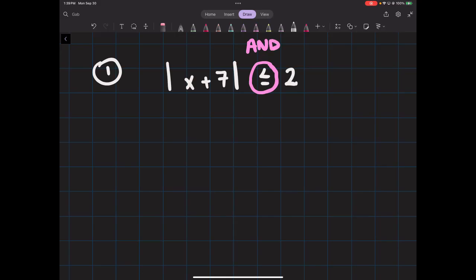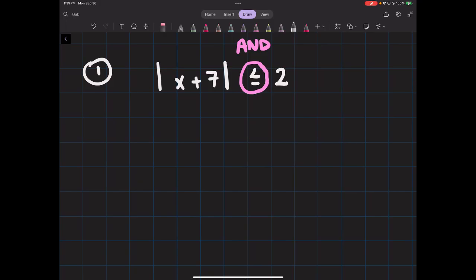Okay? So whenever you have absolute value inequality, and it is less than, it will be "and". For sure. Okay? And when you do have "and", we could write it all in one, right?